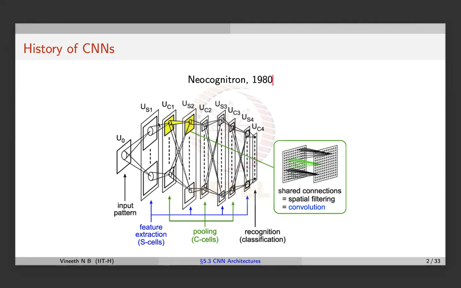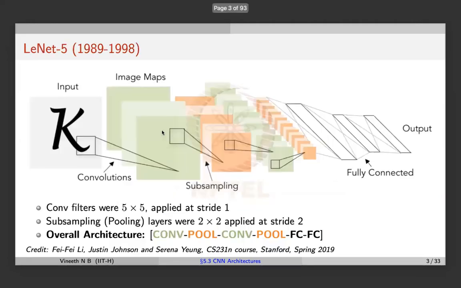So coming to our LeNet architecture, it was proposed in 1989, and it was a continuous work that went till 1998, because a lot of concepts developed in this period. Also, the handwritten digit dataset, the MNIST dataset that I showed yesterday, was developed in this period.